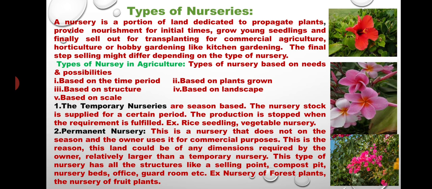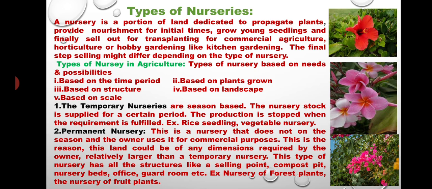Second one is permanent nursery. This is a nursery that does not depend on the season and the owner uses it for commercial purposes. This is the reason this land could be of any dimensions required by the owner.